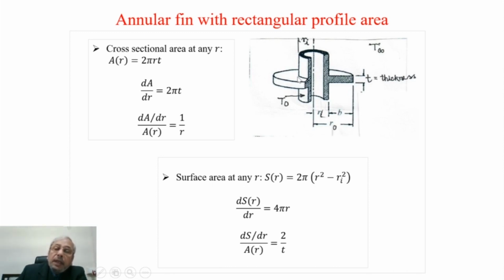Now in actual arrangement, this tube may be quite long and there may be a number of such annular fins mounted on the tube. But for the analysis, we will take up only one such annular fin surrounding the heated tube.